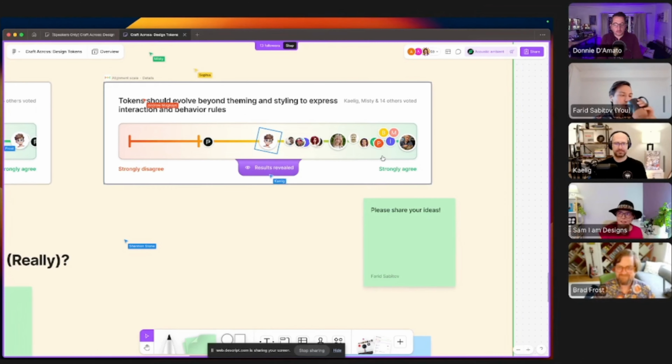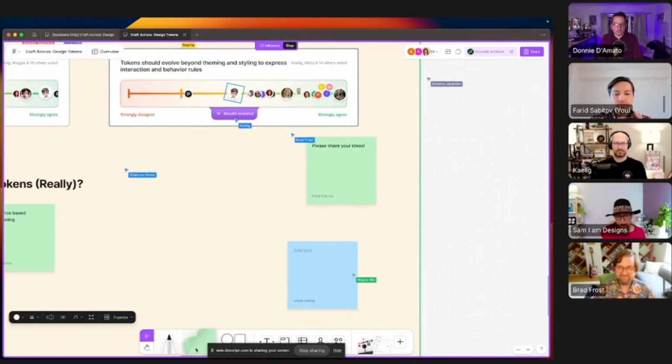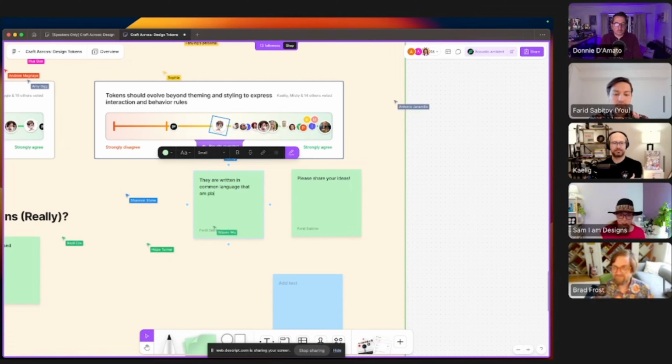Yeah, I mean, I think one of the things that I don't think we've covered so far that I think are pretty important about design tokens is that they're written in this common language that makes them platform agnostic and shareable across different disciplines, tools, and technologies. And being able to share them and move them so that you can meet your team where they're at is something that requires a bit of standardization on some parts of it.